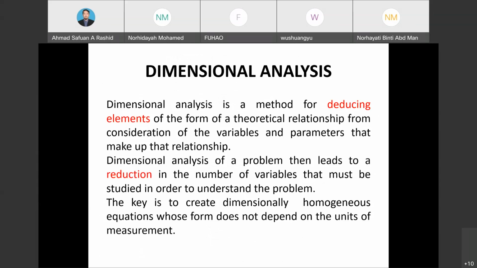When we discuss the variable or the parameter, we may use an approach we call dimensional analysis.